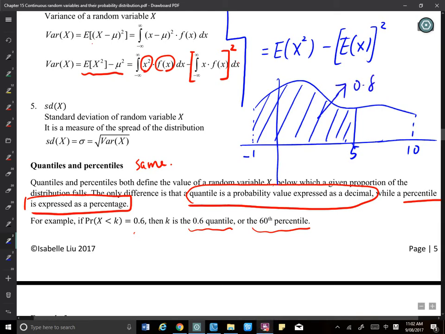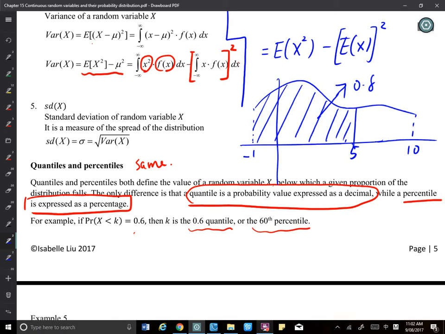If that's 0.8, what you will say is 5 is the 0.8 quartile, or 5 is the 80th percentile. You have a number first, you find the area to the left, and whatever that area is, you will say that's the 0.8 quartile or 80th percentile, because 0.8 is 80%.